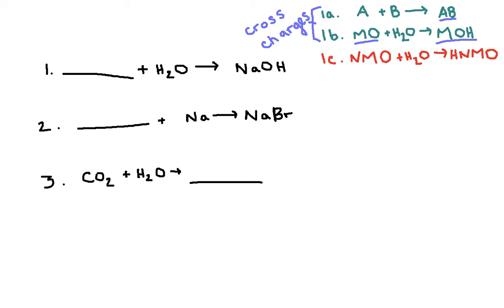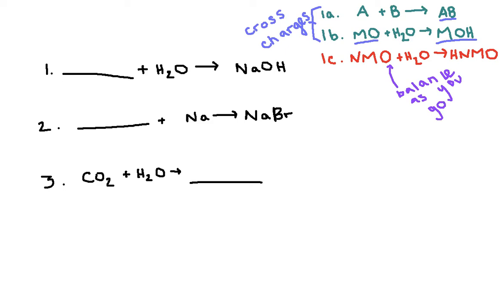The important thing for you to know for this one, the reason why it's different from 1A and 1B, the reason why I put it in red, is because this is a balance as you go problem.